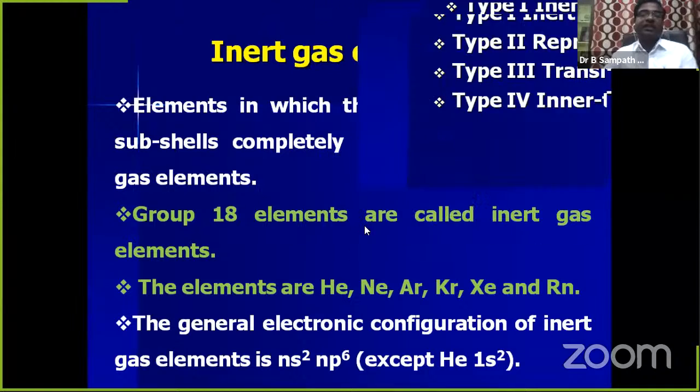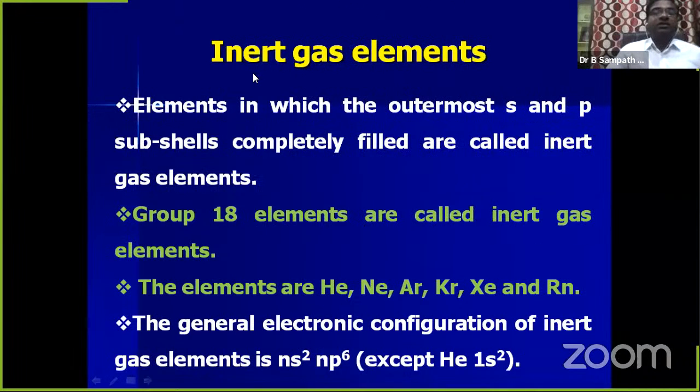So let us see one by one. Here the inert gas elements. What are inert gas elements? The elements in which the outermost S and P subshells are completely filled are called inert gas elements. So only group 18 elements are called inert gas elements. Why?